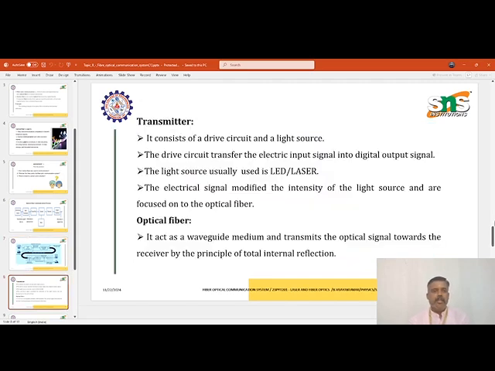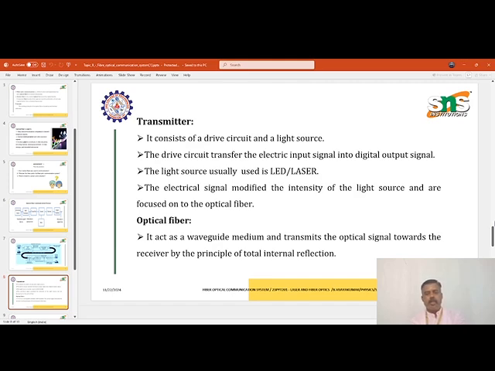So the transmitter consists of a driver circuit and light source. The electrical input signal is converted into digital. The digital signal is converted by the light source, using an LED or laser. Then the electrical signal modifies the intensity of the light source, which is focused on an optical fiber. The optical fiber is the waveguide medium.